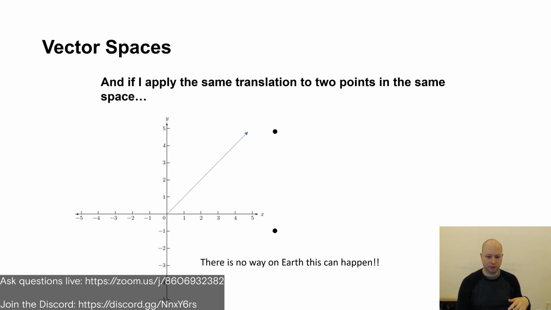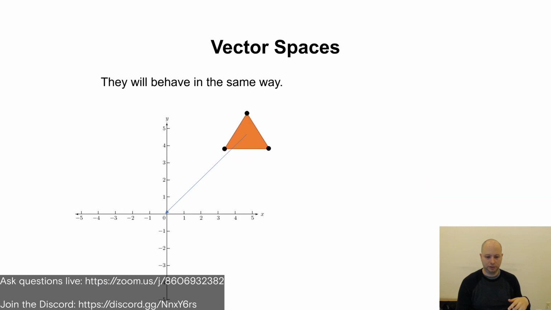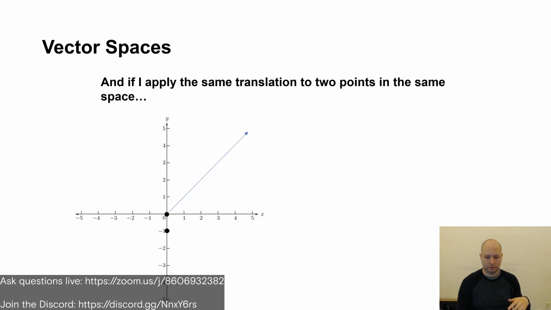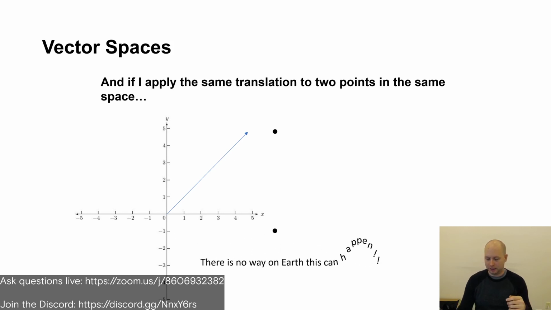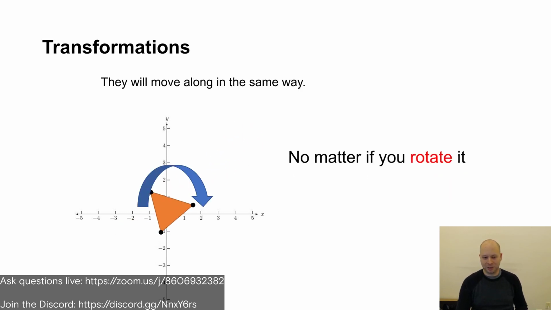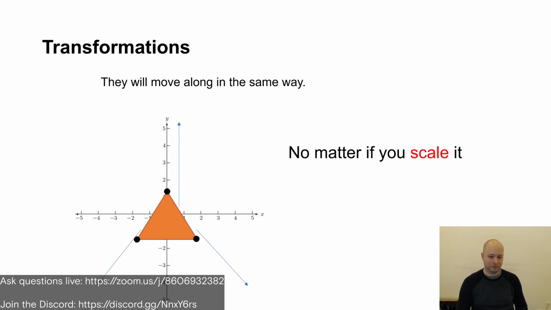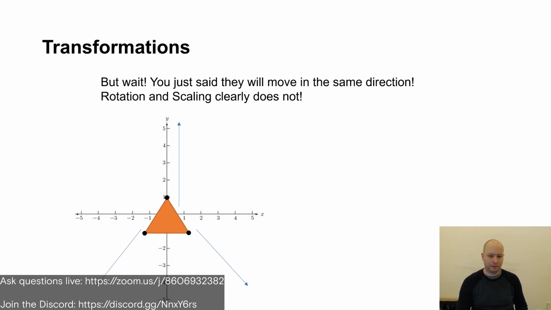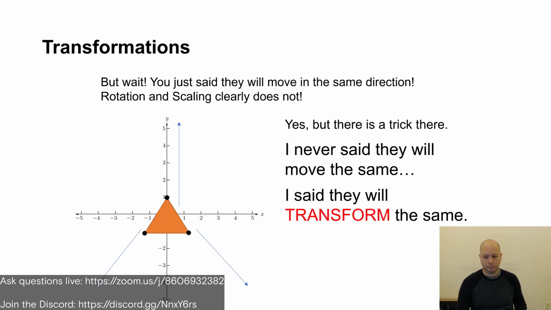Like with the translation case, they would move together. But in the rotation they don't move exactly the same, or if you scale them, they obviously don't move in the same way. So we have to know that rotation and scaling, while being linear transformations, do not produce linear movement in the points, and that's okay. They will transform the same.